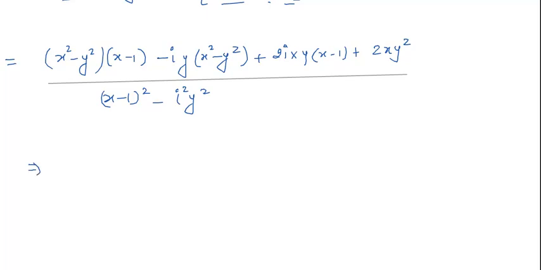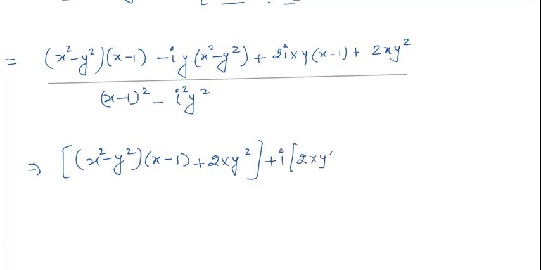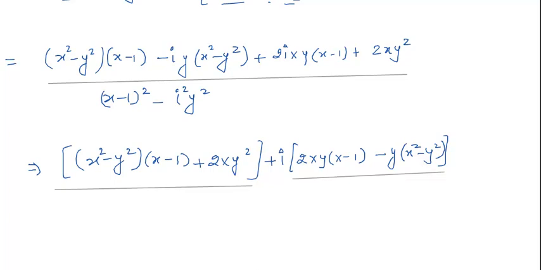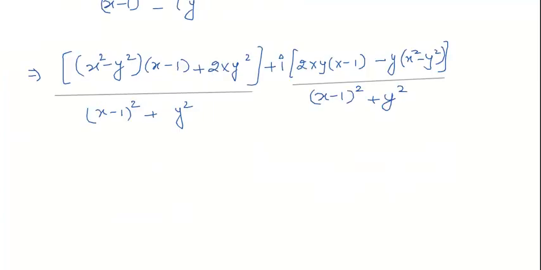Now if we separate out the real and imaginary part in the numerator, we will be getting (x square minus y square) times (x minus 1) plus 2xy square, that's the real part, and the imaginary part will be plus iota times 2xy times (x minus 1) minus y times (x square minus y square), divided by (x minus 1) whole square plus y square, and here also it will be (x minus 1) whole square plus y square.